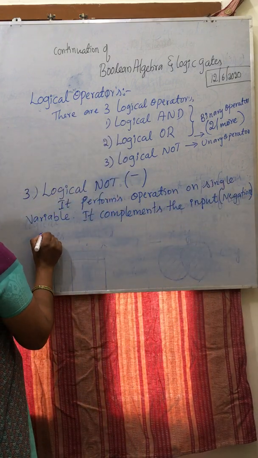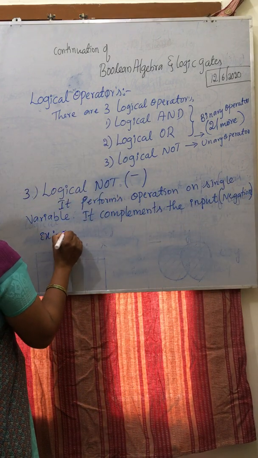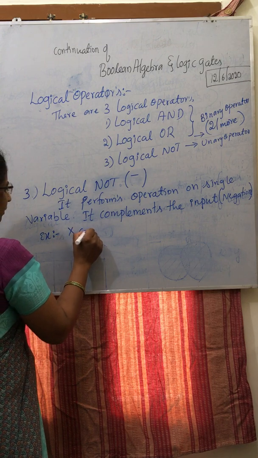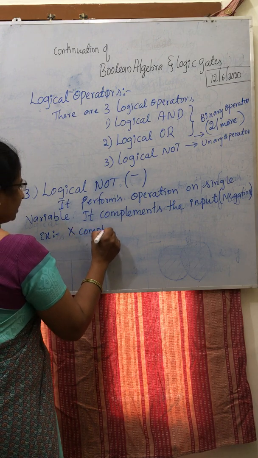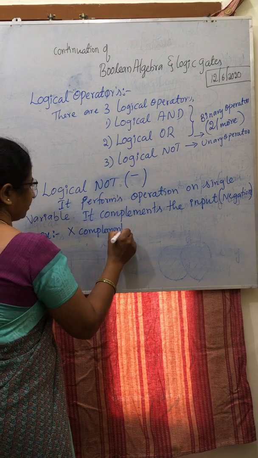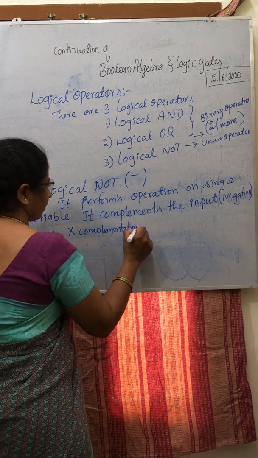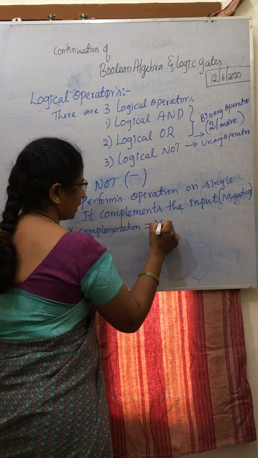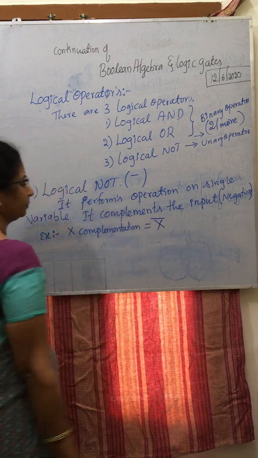Then how can we represent this one? X complementation is represented as X bar.